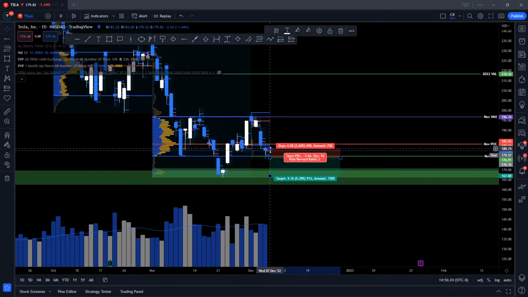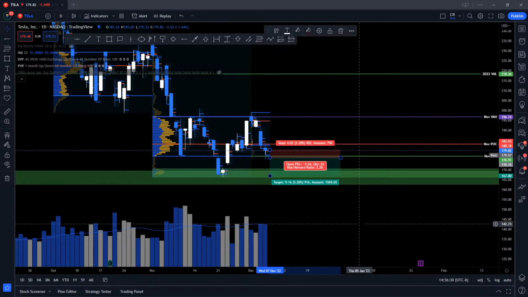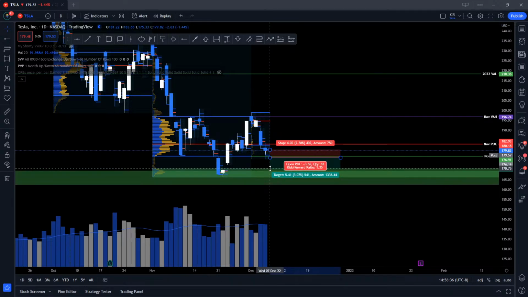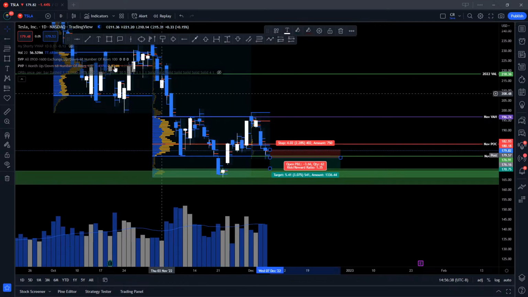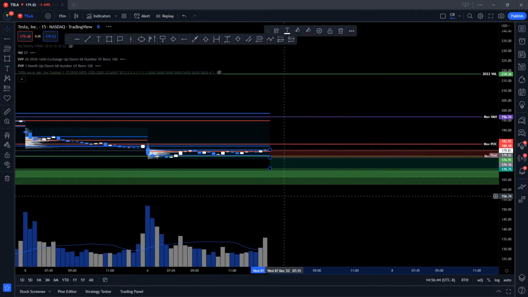I mean, this stop is pretty high. I'm on a daily chart. I don't trade daily charts, but I would actually be risking less to get this move. And I would be looking to exit the position around here if I drop down to 5 or 10 minutes, even 15.